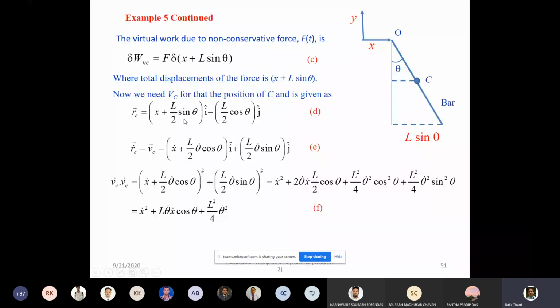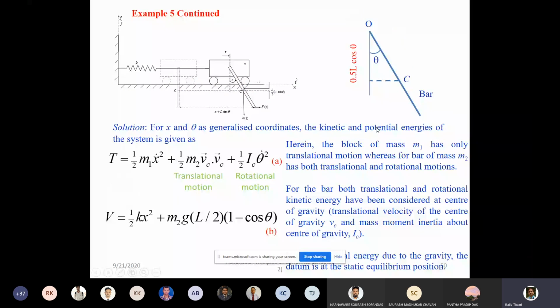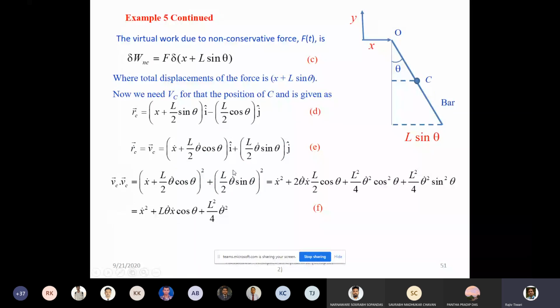Now, as I mentioned, the velocity of the C is involved in the kinetic energy. So we want to find out that. So first, let us see what is the position of the C. So the axis system, as we have defined, x and y, i j. So here you can see the center of gravity is having x displacement.